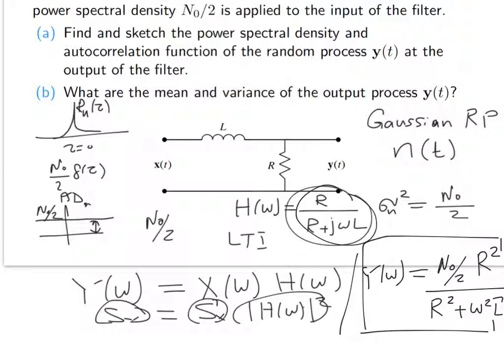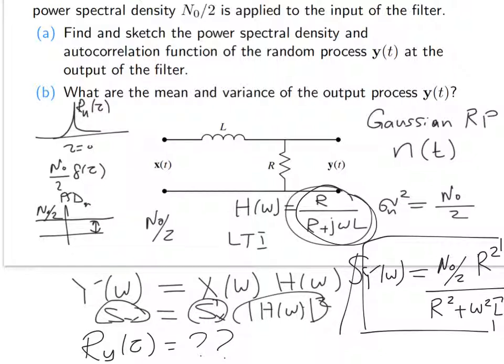Guys, okay. So if this is your Y of omega, what's going to be this? So this is your S_Y of omega, right? So what should be the R_Y of tau? Can anyone do the inverse Fourier transform for this? Do the inverse Fourier transform for this.